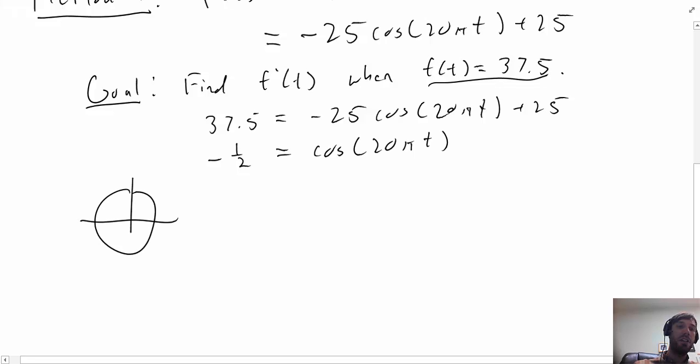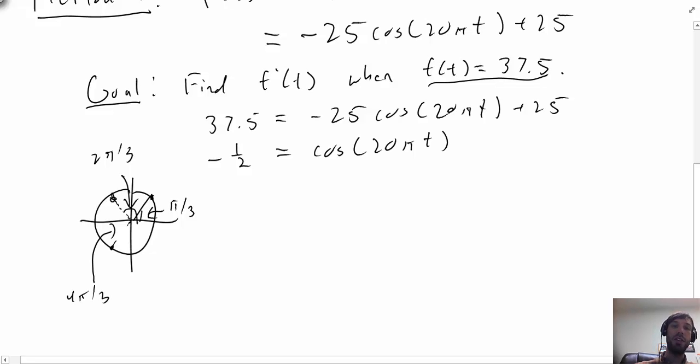We know that cosine in the first quadrant is equal to 1/2 at an angle pi over 3. So if we reflect that into this quadrant, x goes to negative x, and cosine is equal to negative 1/2 at an angle 2 pi over 3. But the other quadrant at which cosine is equal to negative 1/2 is down here, at an angle 4 pi over 3.